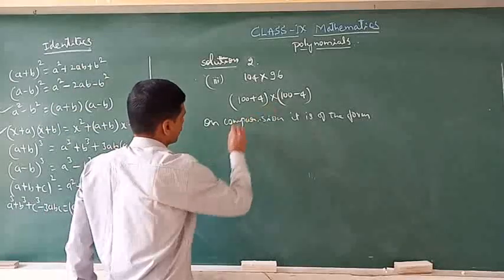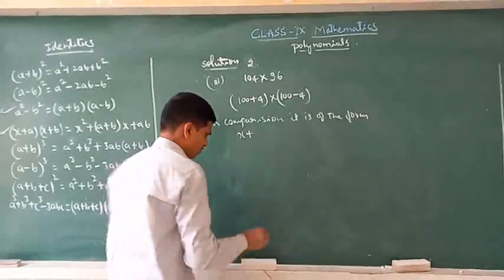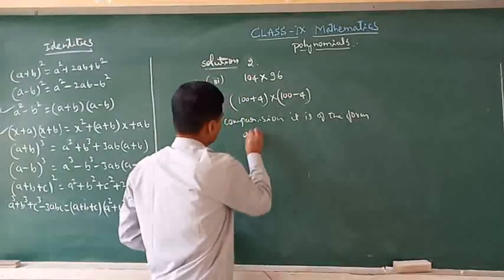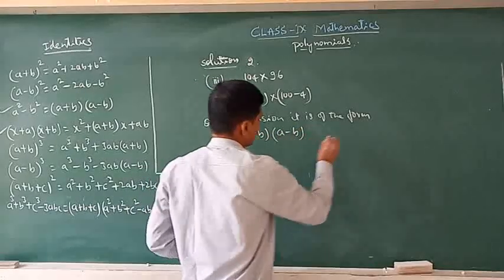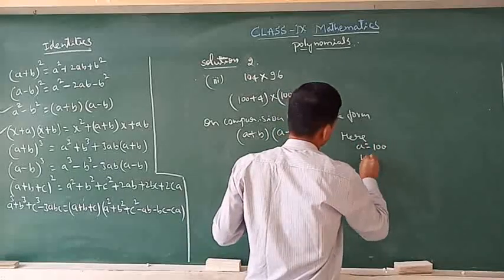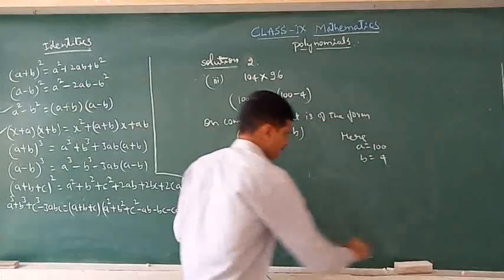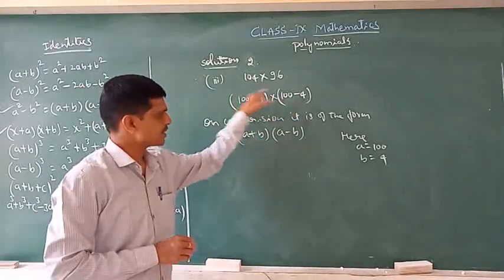So I took 100 as a and 4 as b. You can take (a plus b)(a minus b), because here a is equal to 100 and b is equal to 4. Need not worry about this side, because b is the same, one side is plus and one side is minus.